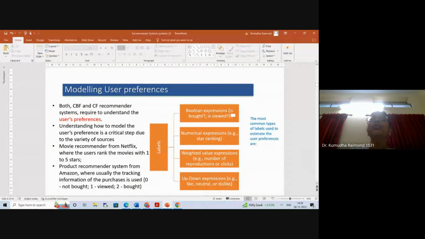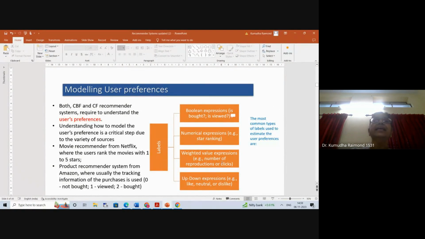That is also one of the ways of getting the user preferences. One is like, neutral, and dislike; that is up down expressions. Another one is weighted value expressions. Weighted value means the number of clicks that the user is making.